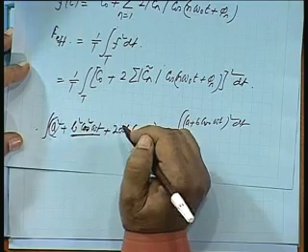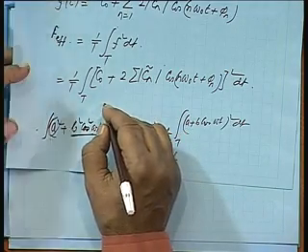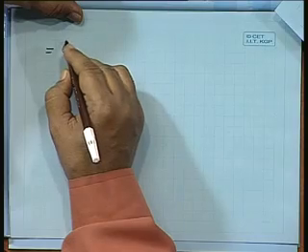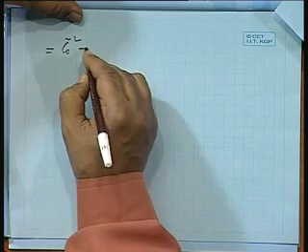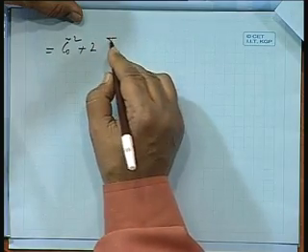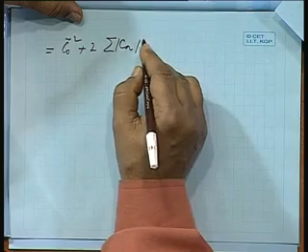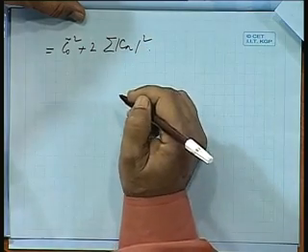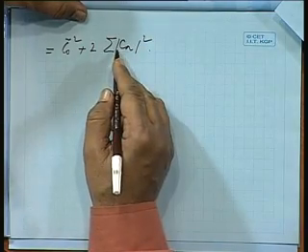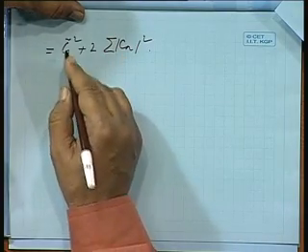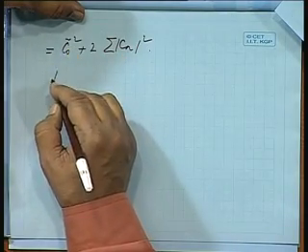We are making use of that property, and finally it boils down to this constant squared plus 2 into this constant squared. So it will be C0 squared plus 2 into sigma C n square.